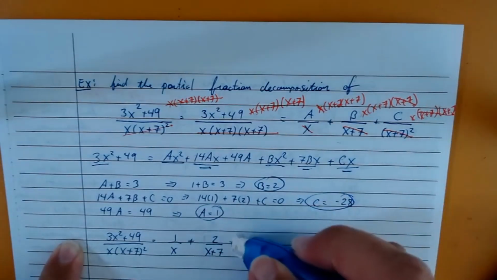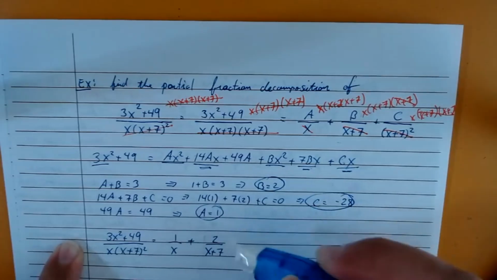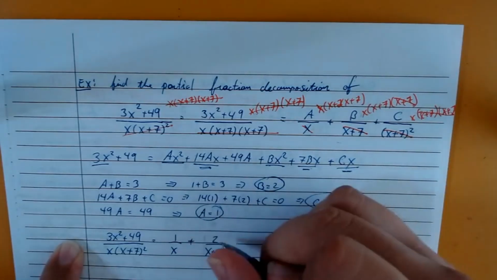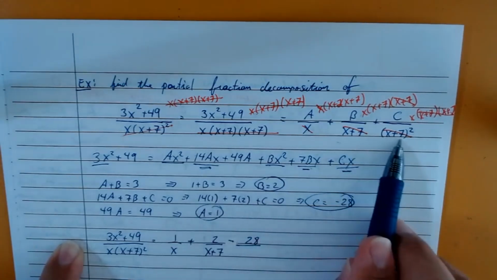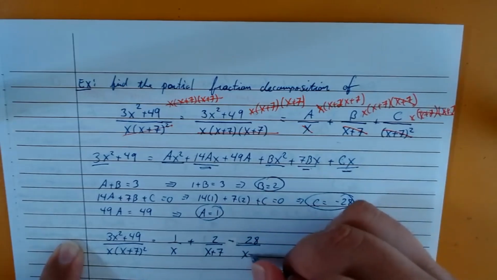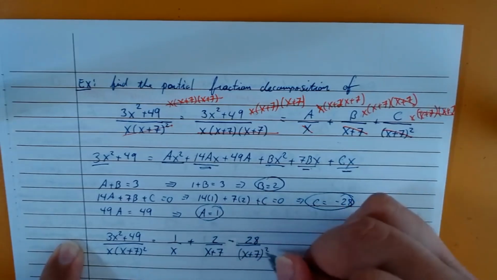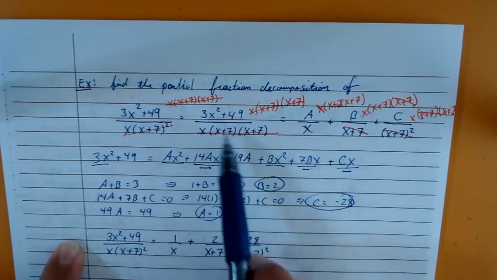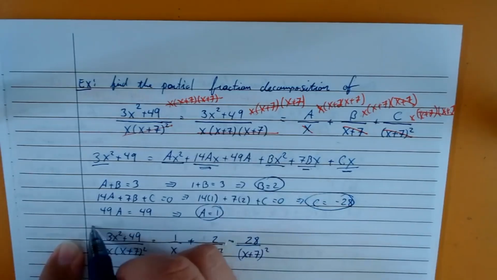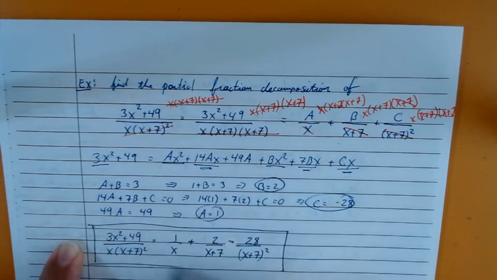You can say plus a negative 28, or may as well just say minus 28. Both are fine. Minus 28 over x plus 7 squared. So do note that you may have situations where your cases are mixed. Here that's a mix of case 1 and 2. And that makes us happy.